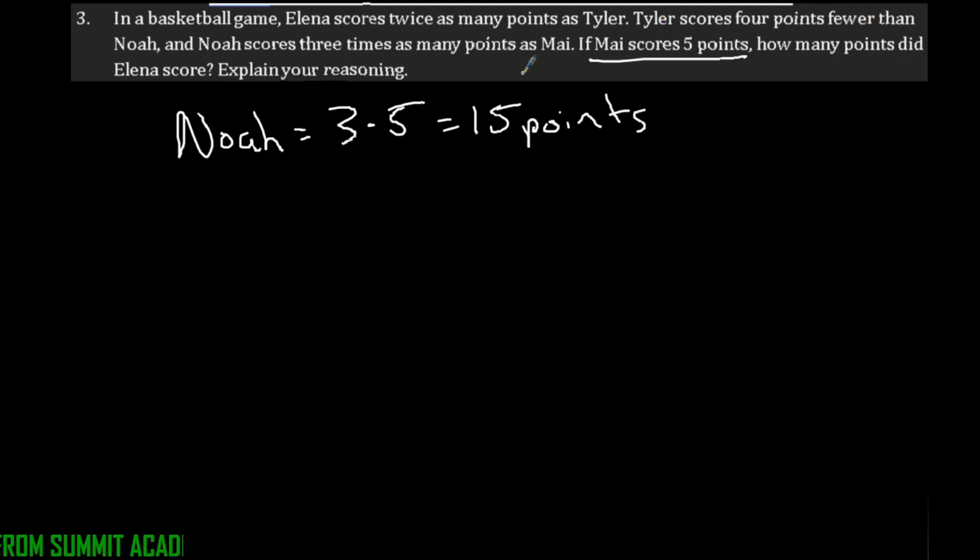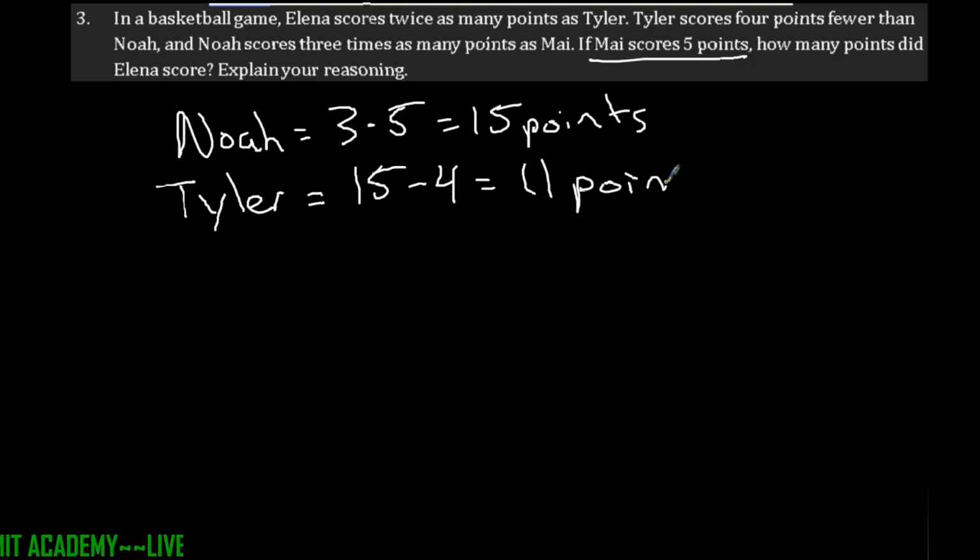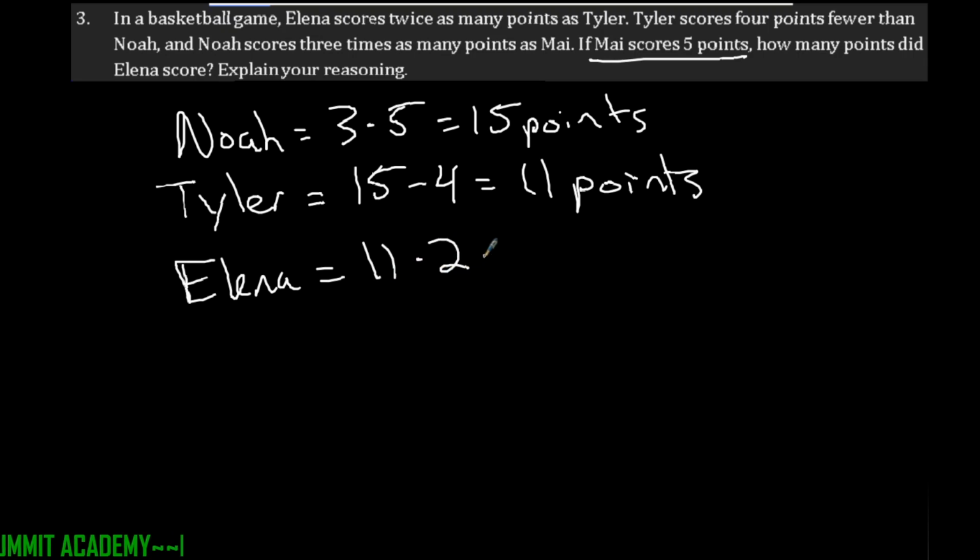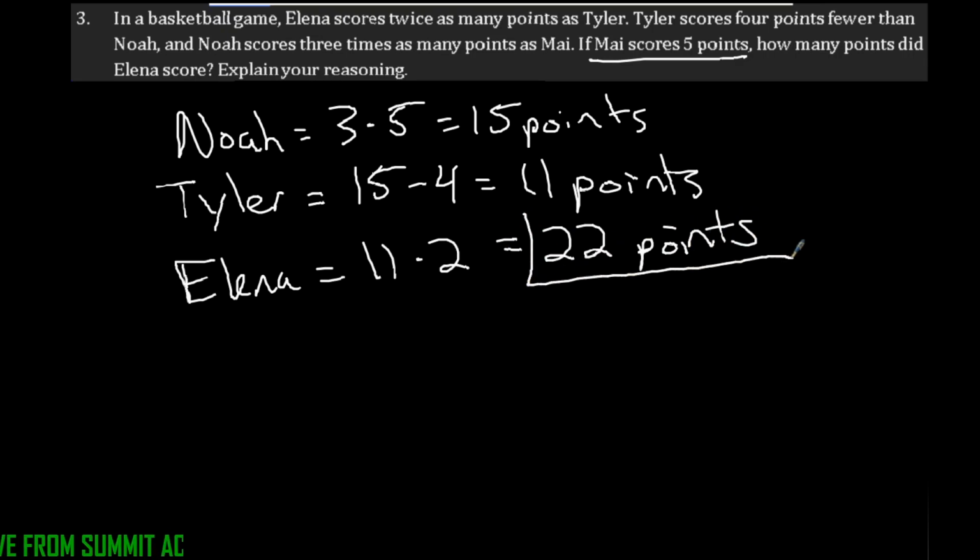Then Tyler scored 4 points fewer than Noah, so we do 15 minus 4 equals 11 points. And then Elena scored twice as many, so Elena is going to be 11 times 2, which is 22 points. So again, just be able to work in reverse to get your answers.